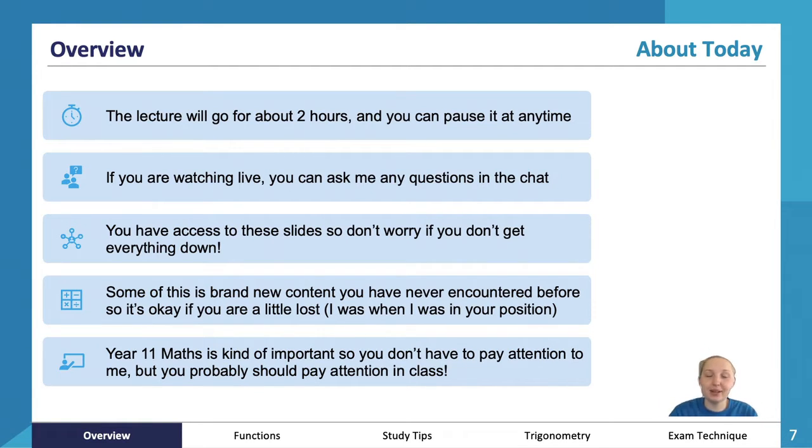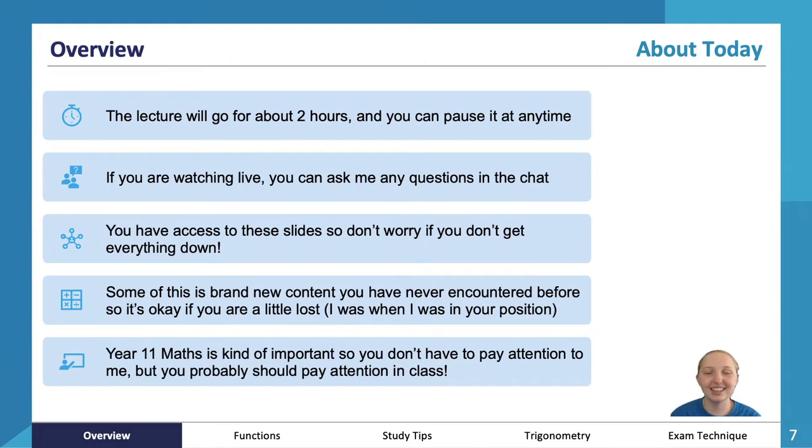And I will say year 11 maths is kind of important. If you guys know me at all, you know I do preach that year 11 isn't that important and that you can change your attitude from year 11 to year 12. The one exception I will say to that is maths, because a lot of your maths concepts from year 11 form the foundations for the stuff you do in year 12. So if you don't know the stuff from year 11, you don't have the basis knowledge to do your year 12 stuff.